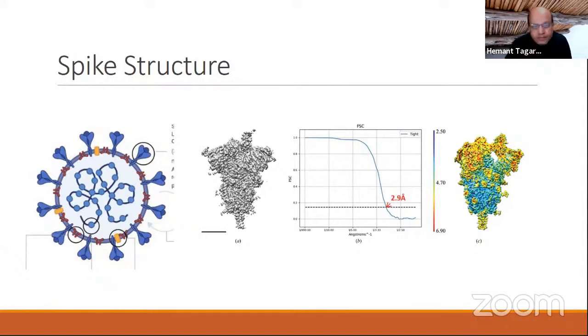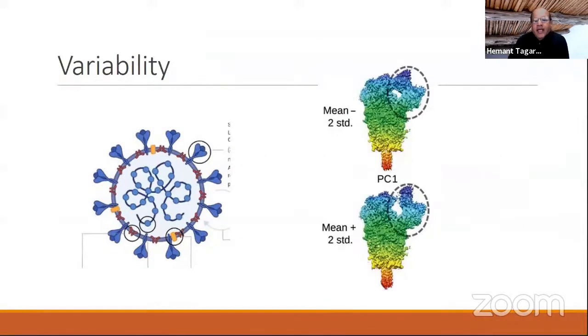Then he sent us a whole bunch of images, and we started looking at how that structure actually changes. There are 60,000 images. Each of those images has a single spike protein in it. Some of the spike proteins have structure in one conformation.